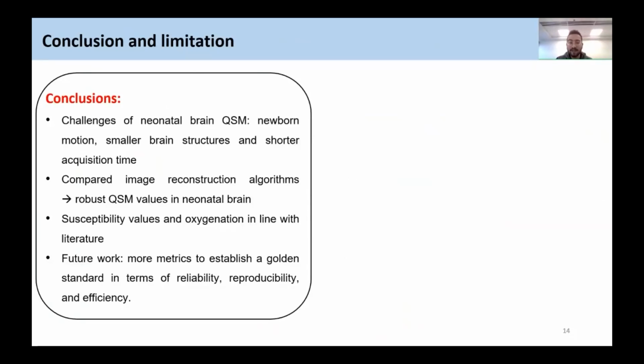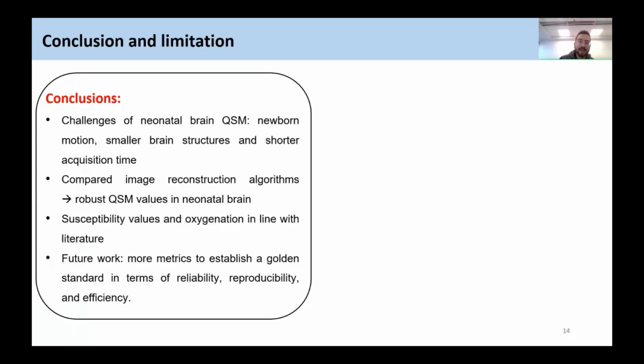The susceptibility values and the oxygenation values were in agreement with the literature. Future work will include new metrics to establish a gold standard and to select the best methods in terms of reliability, reproducibility, speed, and efficiency, as well as maybe combining other modalities with QSM in order to further understand neonatal HIE.